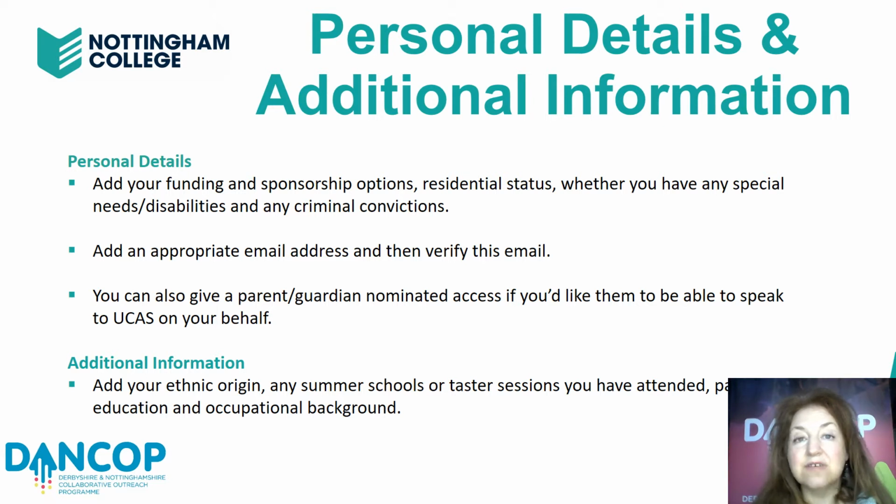You don't have to tick that box, but if you want to, that's there. In the additional information section, you'll be asked to add your ethnic origin, any summer schools or taster sessions that you've been to, and also your parental education and occupational background. So you have to put that information about your parents as well.